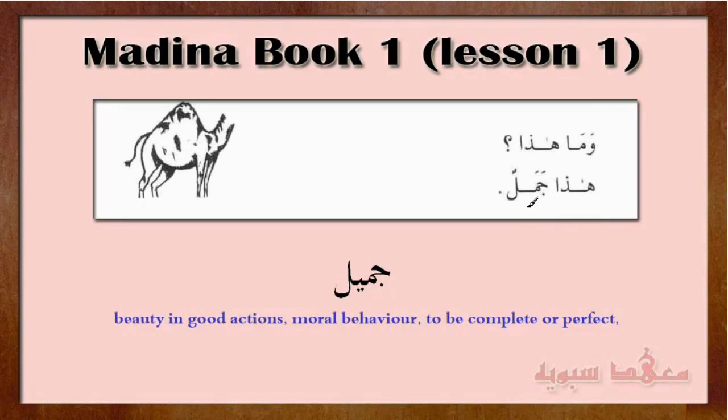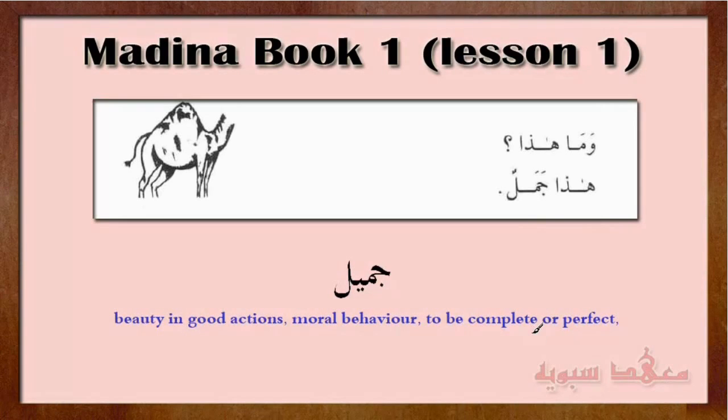Actually, the Arabs' most prized possessions, the most sought after, were camels. And they are able to survive the harsh conditions that other animals are not able to. So they had a lot of benefits for the Arabs. And for this reason, they were called jamal. So they were complete and perfect in that they were the most beneficial animal.